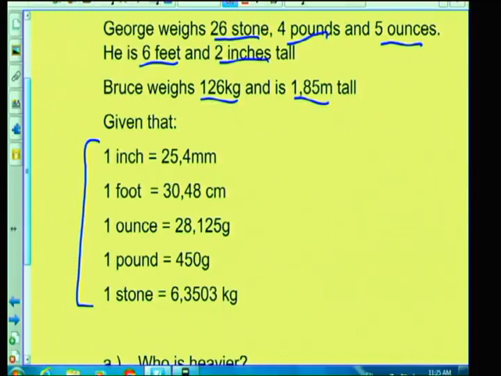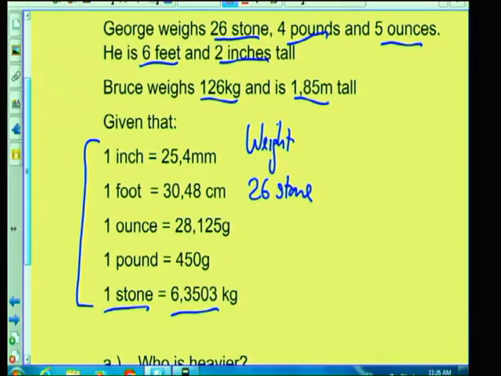Let's change the imperial measurements into metric measurements and see how we go. So I'm going to start with the weight, also really mass, of George, and we're told first of all 26 stone. So what do we have here? 1 stone is 6,3503 kilograms.